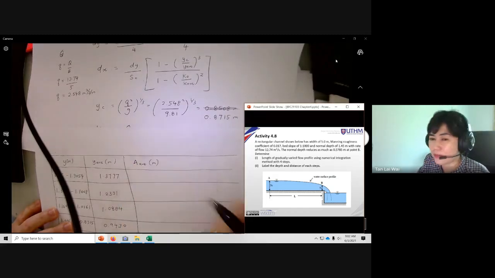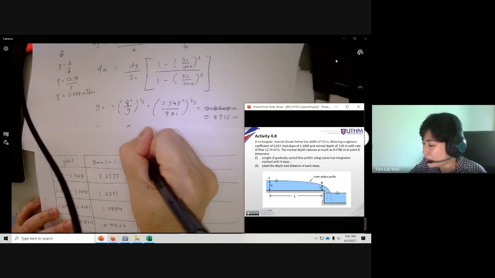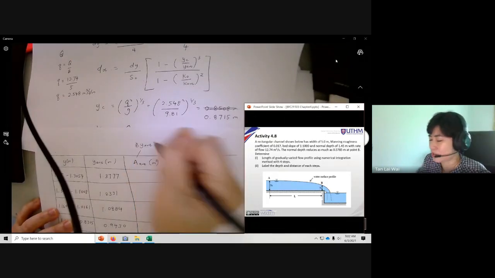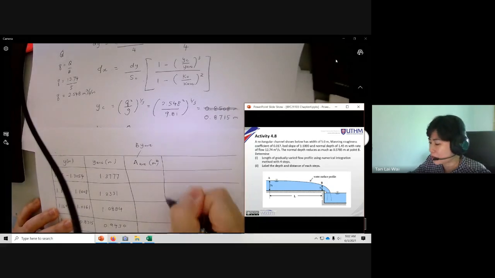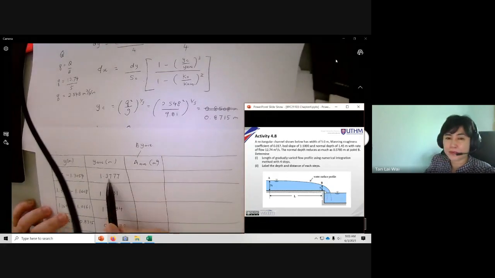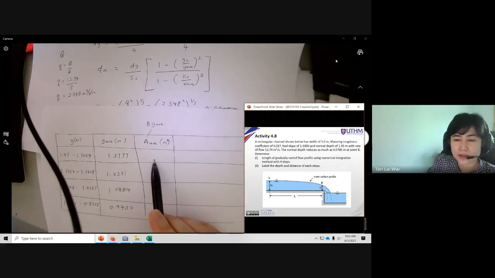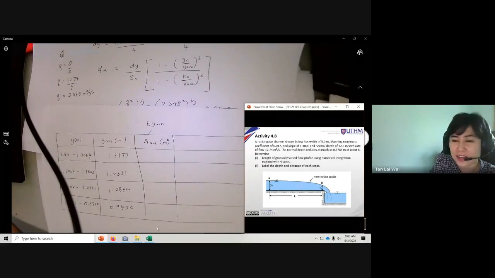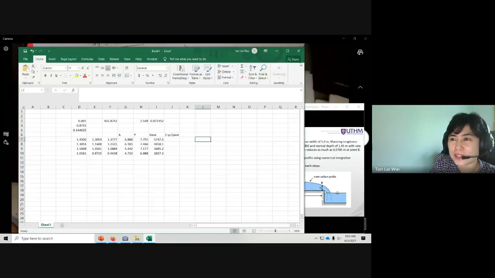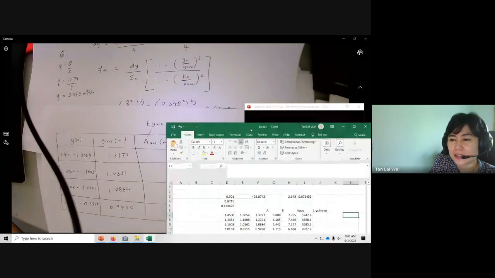Now, A average, in meter square, should be B times y average. B is constant, which is 5 meters. So 5 times y average, you are going to get A average. Now help me check. I am going to have this value here with me.